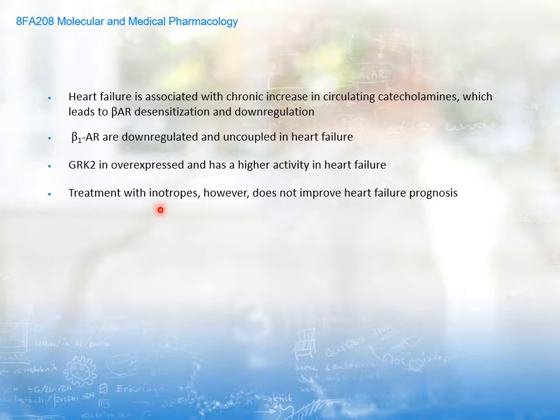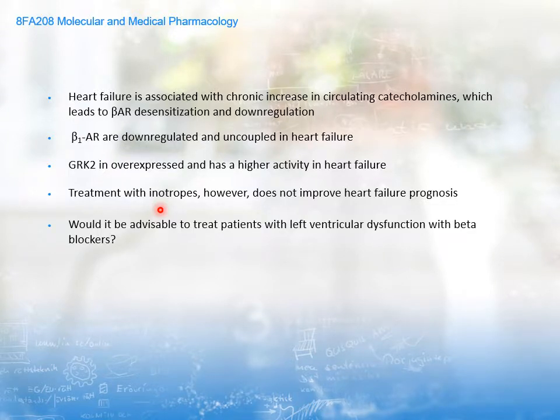So inotropes do not work. Well, then the question becomes, what can we do? One option that was tested a few years ago, although counterintuitive, was to treat patients with heart failure, patients with left ventricular dysfunction, with beta blockers.